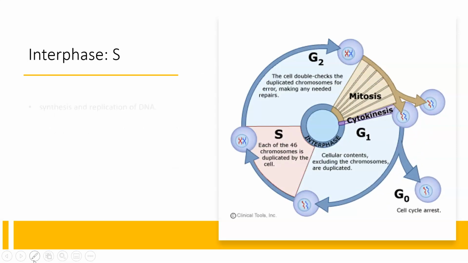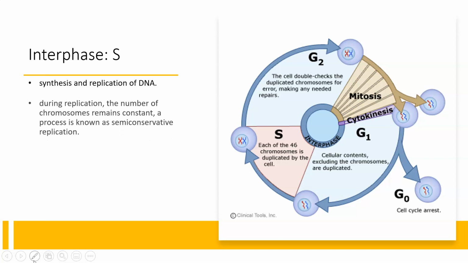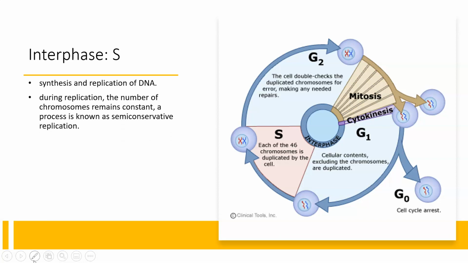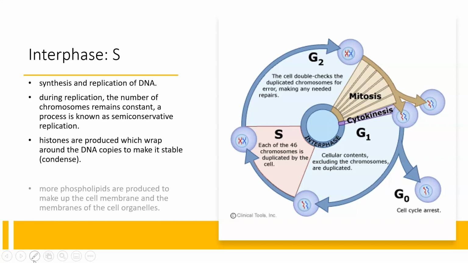Okay, so in the S phase, synthesis and replication of DNA occurs. During replication, the number of chromosomes remains constant, a process known as semi-conservative replication. Histones are produced which wrap around the DNA copies to make them stable. This is what we call condensation.